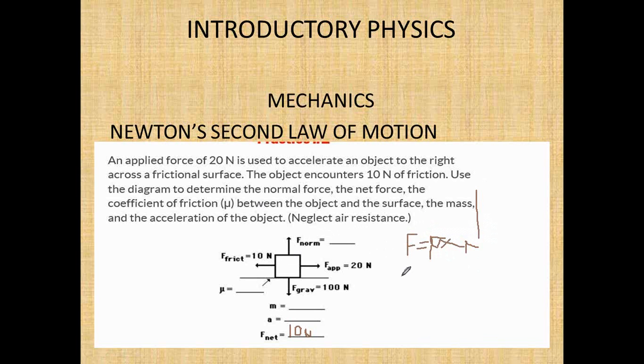So the coefficient of friction is equal to the frictional force divided by the normal force. So we know the frictional force is 10 newtons and the normal force is 100, because it's the same thing as the force due to gravity.